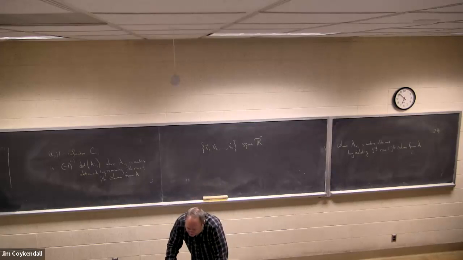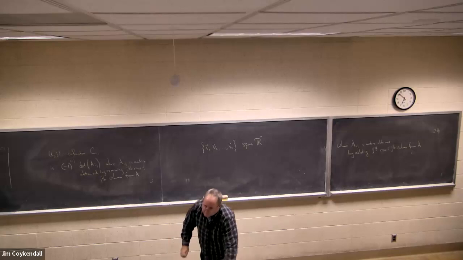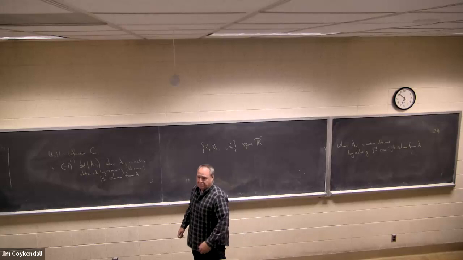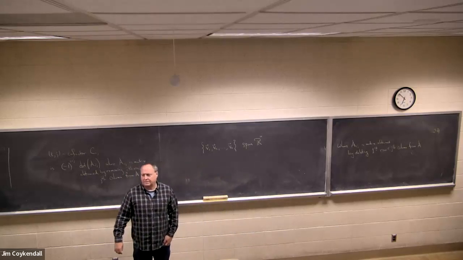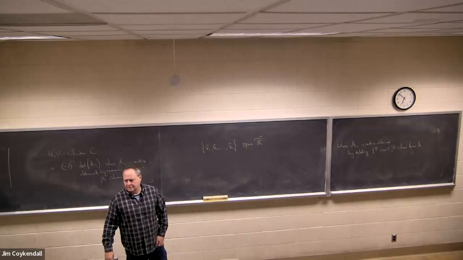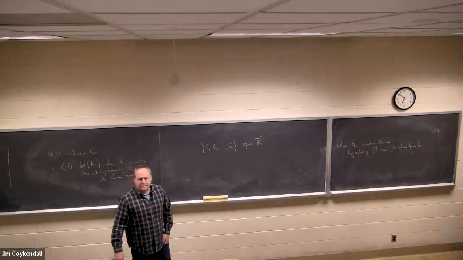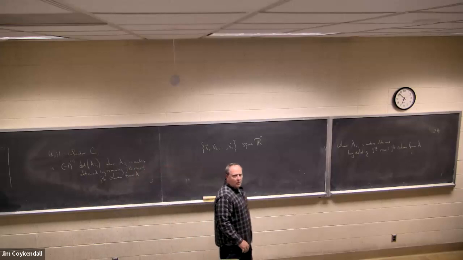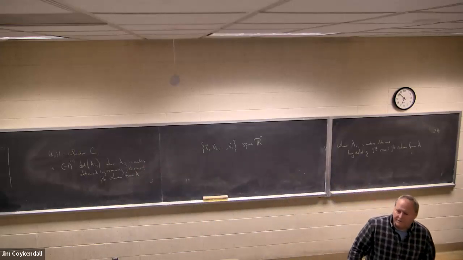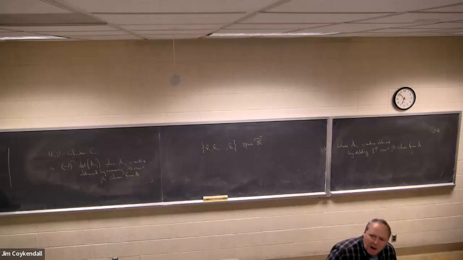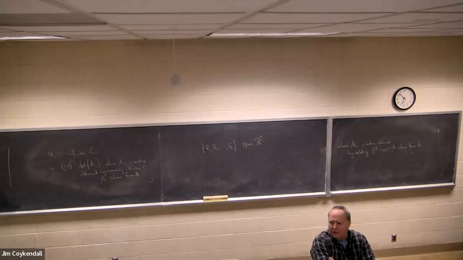What can you say about the relationship? Let me ask you this. Suppose I have Rn. What's the smallest number of vectors that I could hope to have that spans all of Rn?